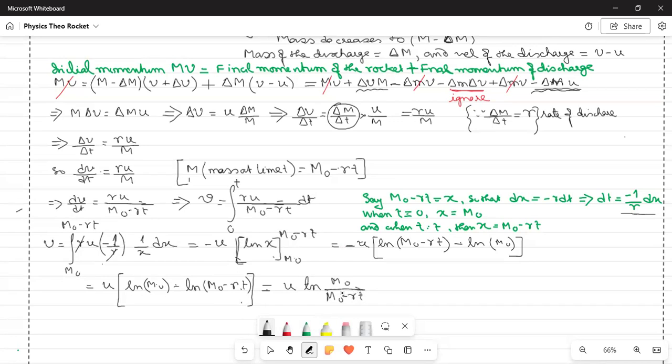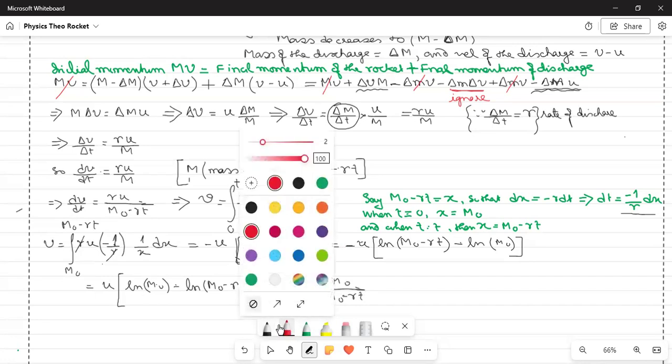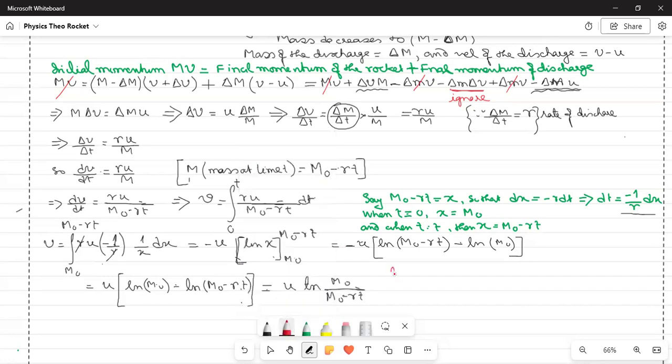So the velocity v of the rocket at time t is given by v equal to u. Remember, u is the velocity of the discharge with respect to the rocket.